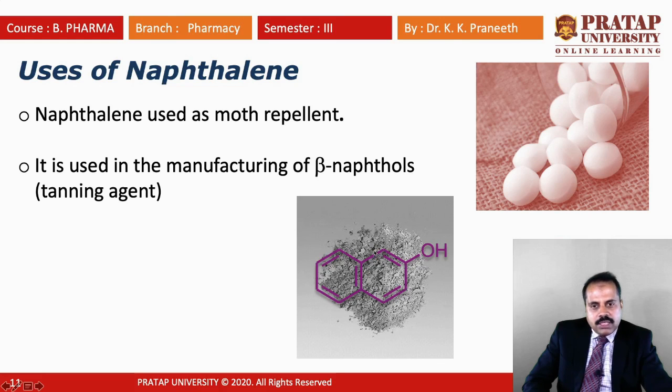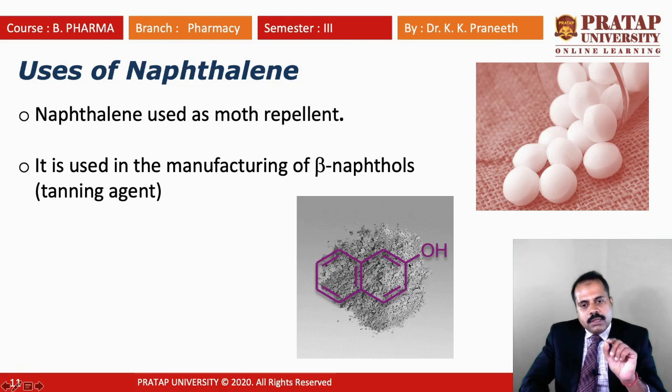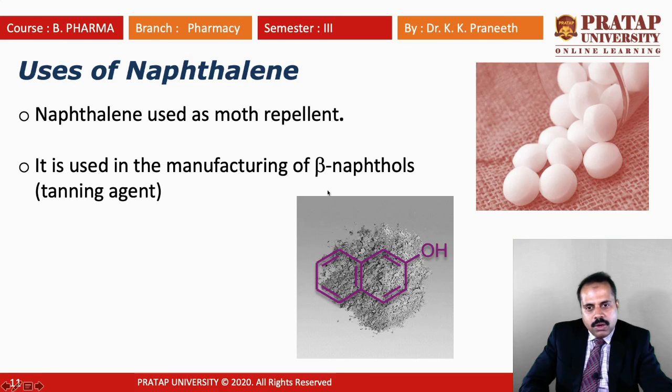And this is the basic structure of beta-naphthol. It has a naphthalene ring with a hydroxy group, OH group, attached in the second position, right? This is the first position, and this is the second position. The first position is called the alpha position, and the second position is called the beta position. So this is in the second position, or beta position, hence called beta-naphthol.